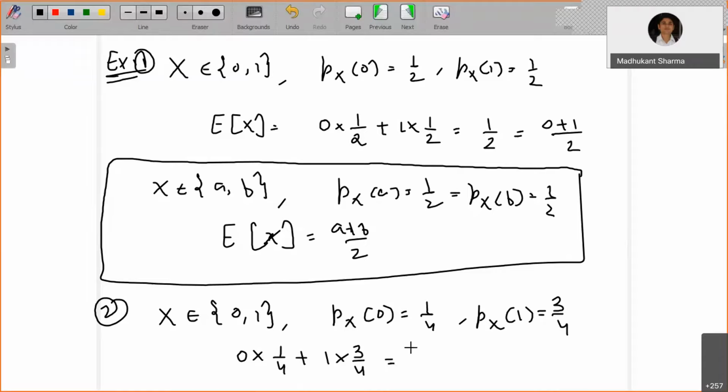So that's going to be 3/4. Okay, so here X comes out to be 0 or 1, but the expectation value is something like 0.75.